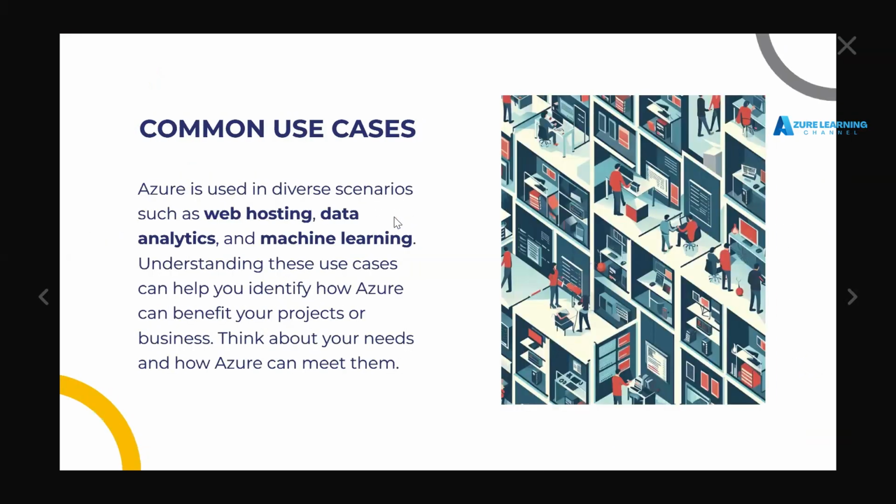And then in the common uses, for example, if you are using the cloud, I'll give you some use cases to get an idea. In the web hosting area, web hosting means client application hosting, and then data analytics. Data analytics means a huge amount of data is there, to get the probability and to process the data.